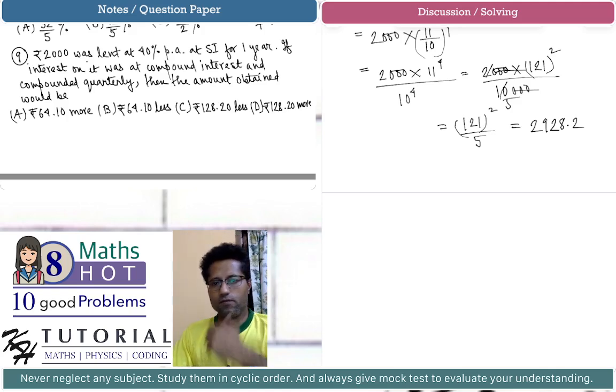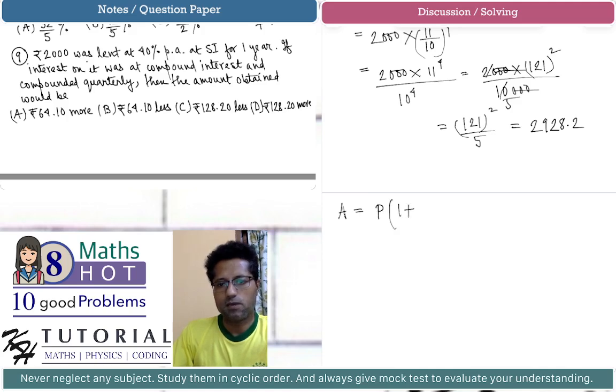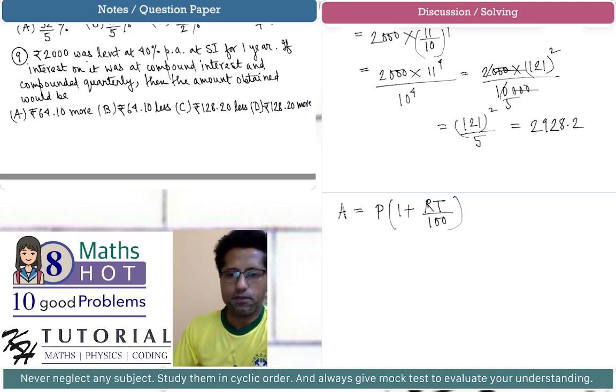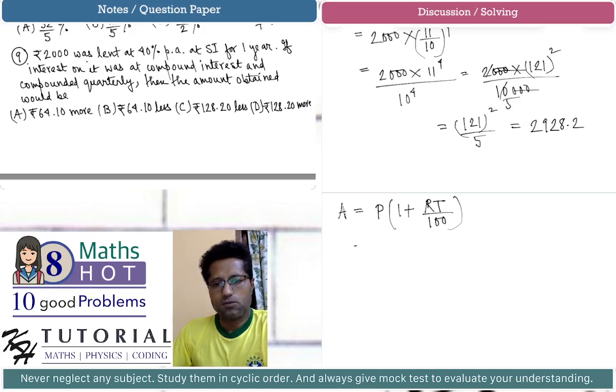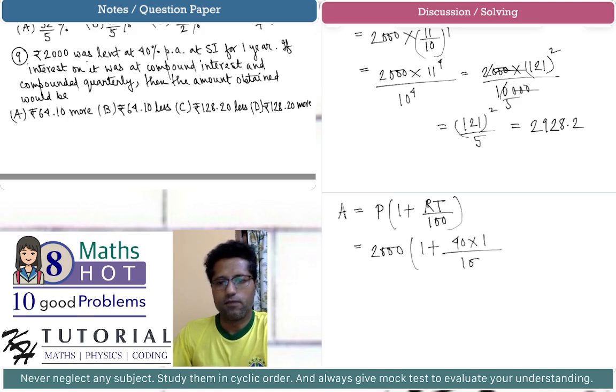We know in simple interest, the amount is principal multiplied by (1 plus RT by 100), where R is the rate of interest per annum and T is the period in years. So this is equal to 2000 multiplied by (1 plus 40 times 1 by 100).